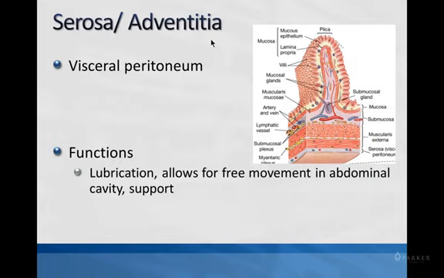Where you have it firmly attached to other structures, like in the oral cavity, your pharynx, upper part of your esophagus, the rectum, where you don't have much movement at all, that is Adventitia. So it's more of a support type role.